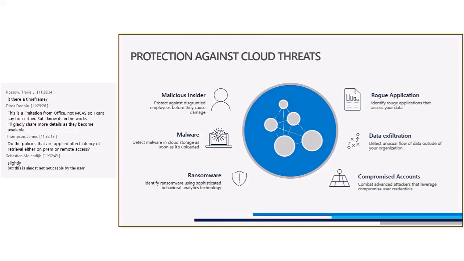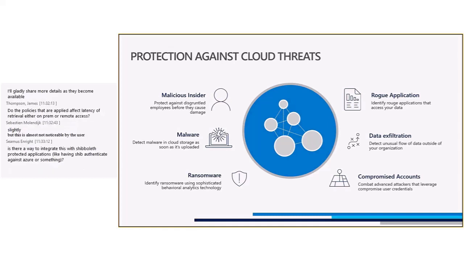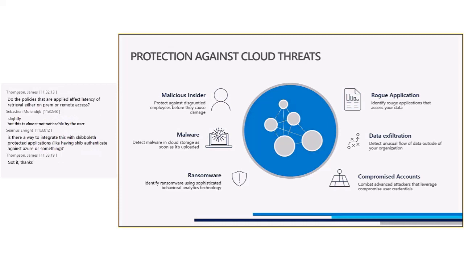No need to spend a lot of time on which type of threats you are facing, because you know them all too well. It could be a malicious insider, somebody who is trying to make a mess before he gets fired, or it could be a simple malware, as we have seen in a lot of cases. Ransomware, I don't think there's a need to discuss that anymore. You know what it's about. Some rogue applications in some cases, such as what we call OAuth apps.